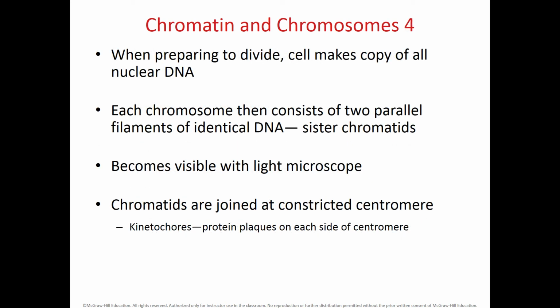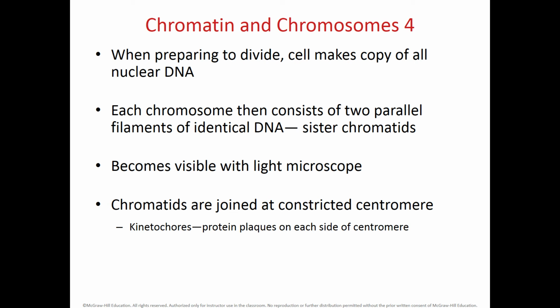Now, when the cells are preparing to divide, the cell has to make a copy of all the nuclear DNA. The purpose of this is to have 2 copies of DNA, and you will give a copy of DNA to each of the daughter cells.